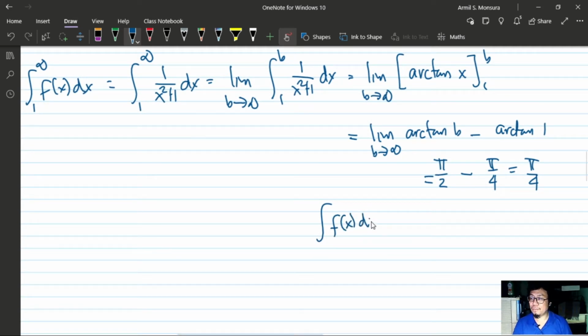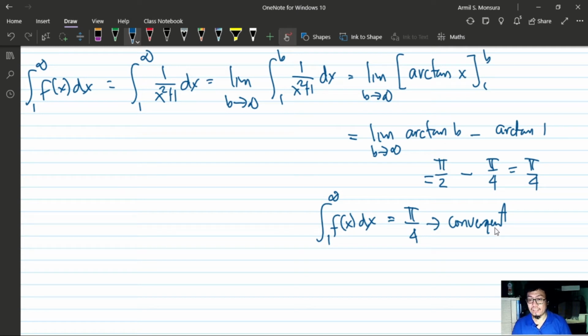So this is what it implies. The integral of f of x dx from 1 to infinity evaluates to a finite number. Since this integral evaluates to a finite number, it means that this integral is convergent.